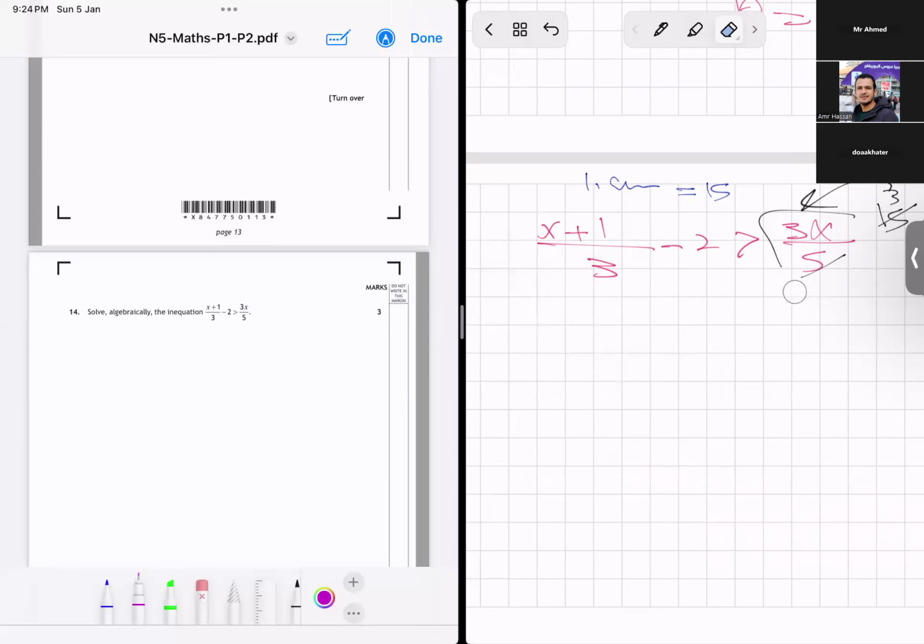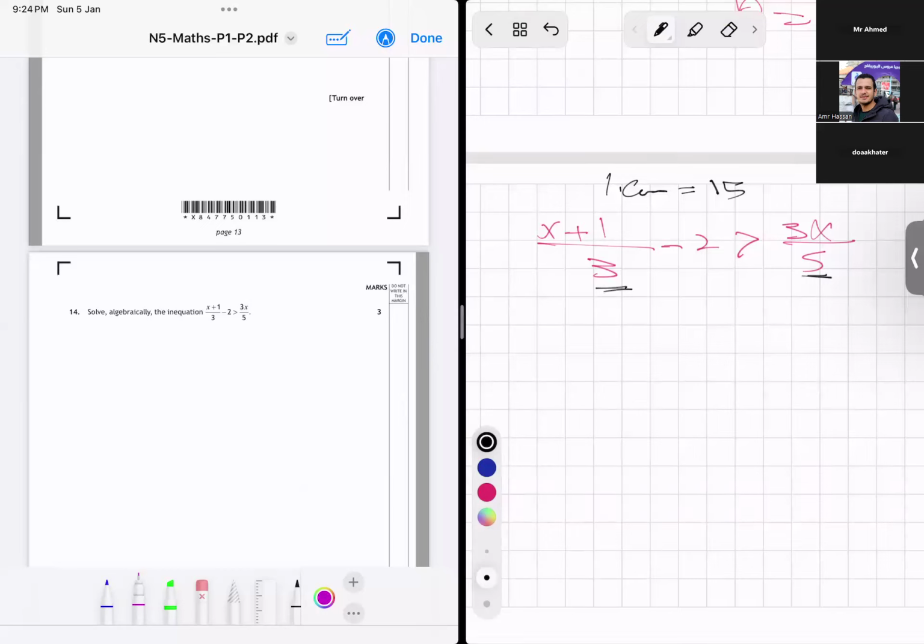What should I do if you got something like this one? I was looking for the LCM, right? Yeah, look for the lowest common multiple. So 15, because both of them are prime, right? This is the reason why. Yeah, 15.